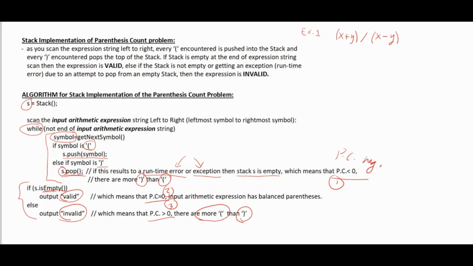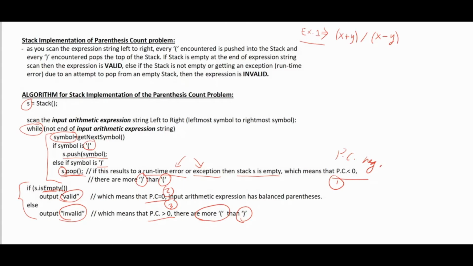Let's recall our three examples, starting with the first one. Last time, we had this arithmetic expression as our first example. Say we consider this as the input string to this algorithm.